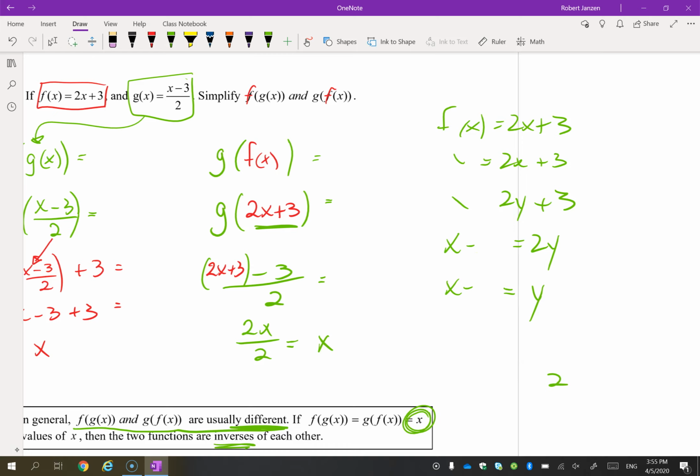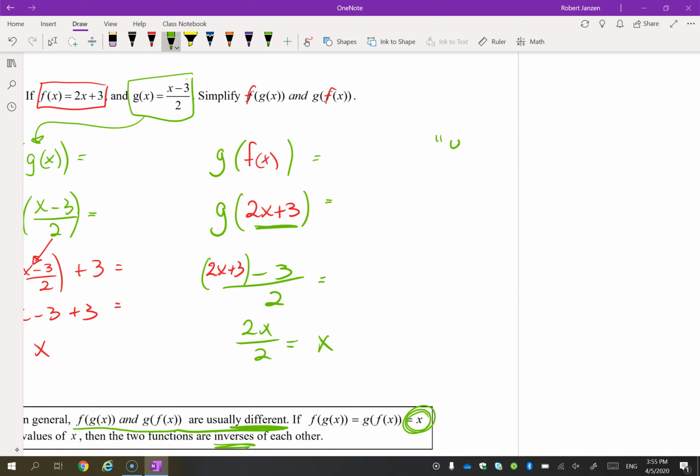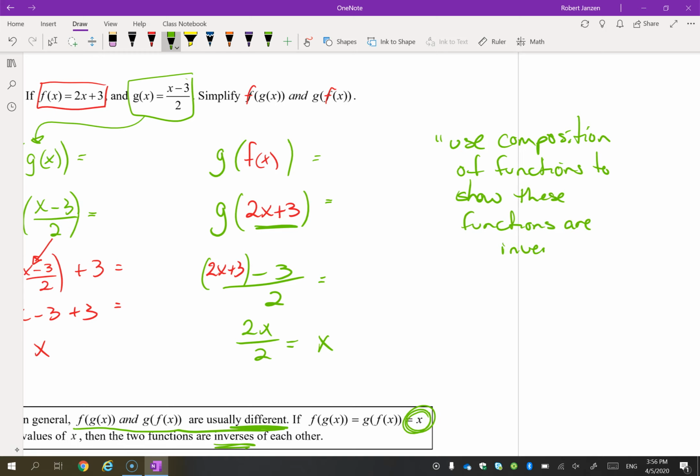Now, I'm going to give you a little bit of a heads up here. On your test, there's a question where it says, use composition of functions to show these functions are inverses of each other.